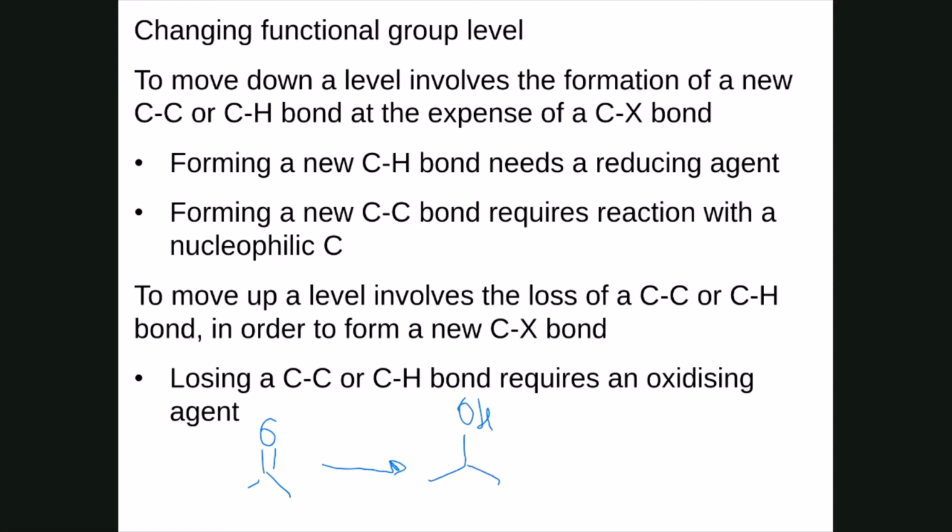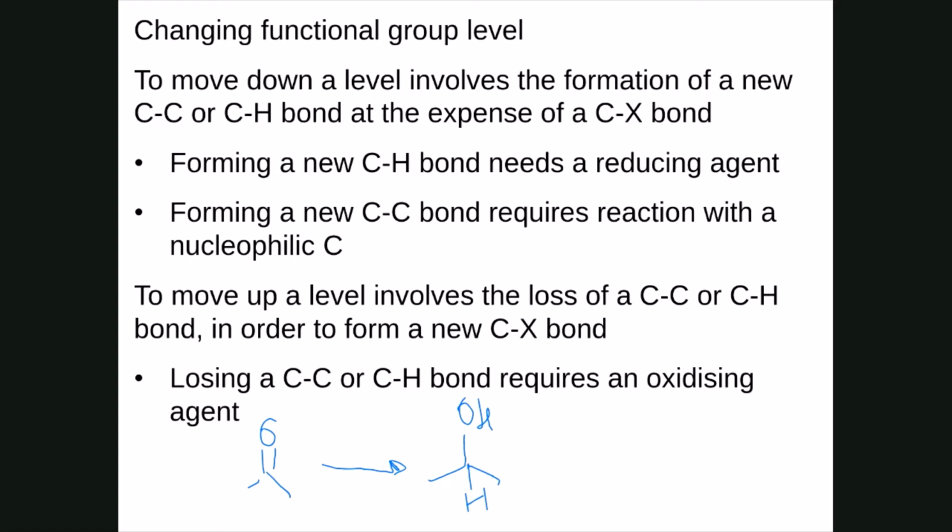Then we would need to reduce that. We need to use a reducing agent because we are forming a new carbon-hydrogen bond. The bond I haven't drawn here would be to a hydrogen.